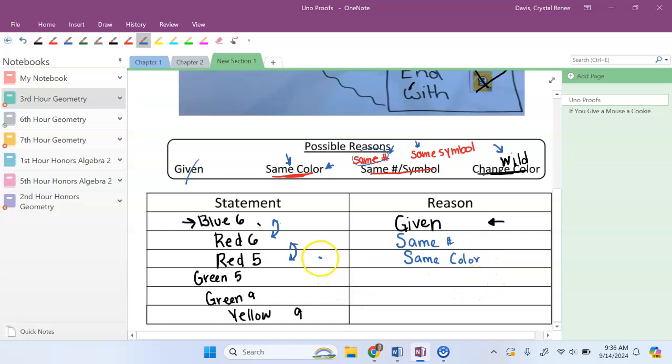From my red 5 to a green 5, which rule am I going to use? Well, notice they're both 5, so it's going to be the same number again. And then from a green 5 to a green 9, the only reason I can do that is because they're the same color.